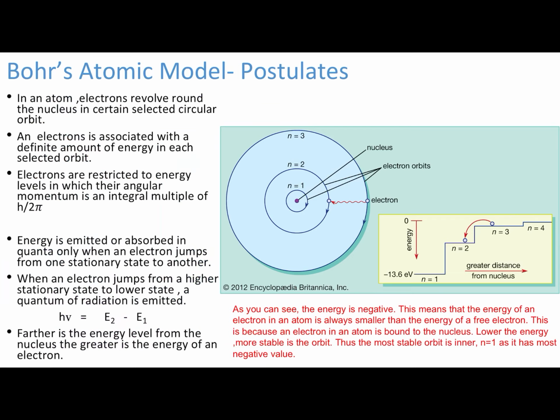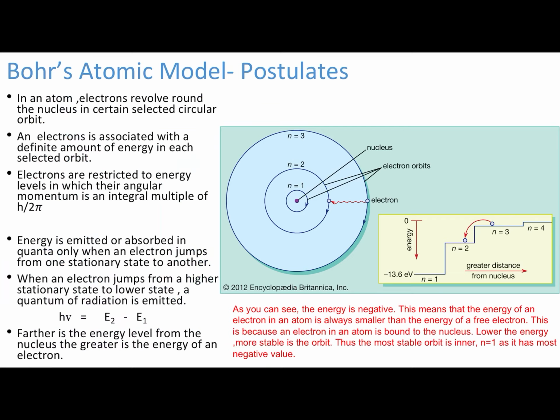And electrons are restricted to energy levels in which their angular momentum is an integral multiple of h by 2 pi. Energy is emitted or absorbed in quanta only when an electron jumps from one stationary state to another. And when an electron jumps from a higher stationary state to a lower state, a quantum of radiation is emitted.